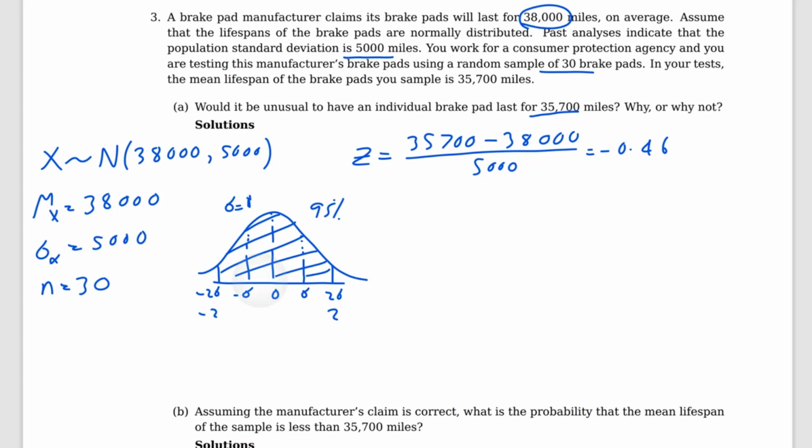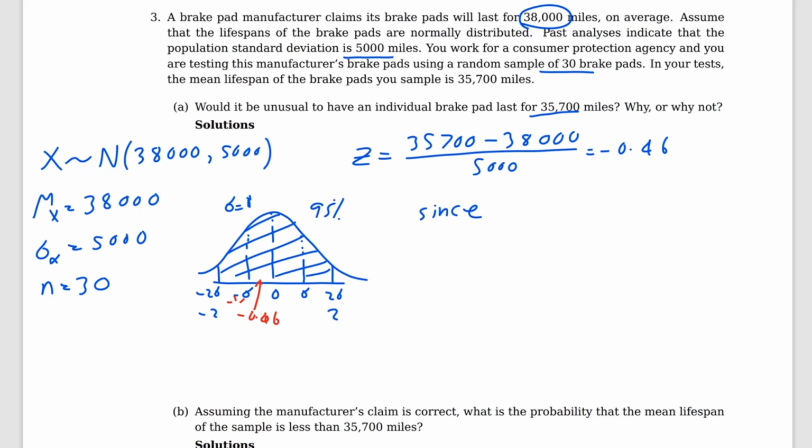Negative 0.46 should be somewhere here, because this is negative 1. So negative 0.46 is between negative 2 and positive 2, therefore it is usual.